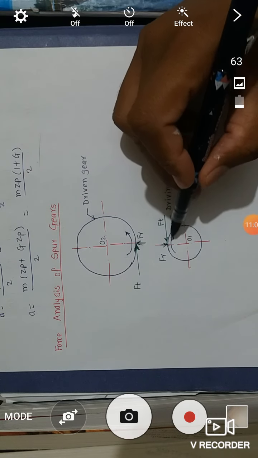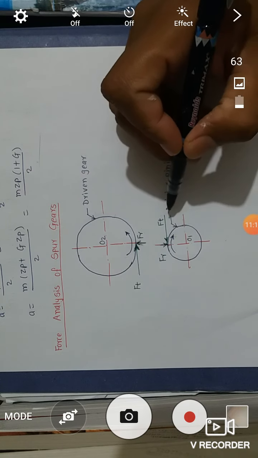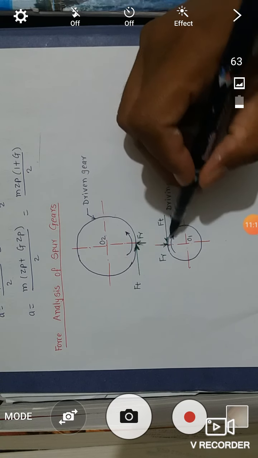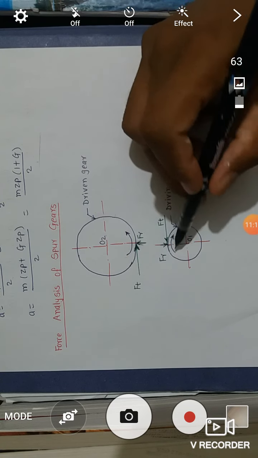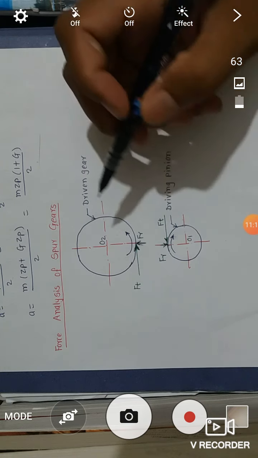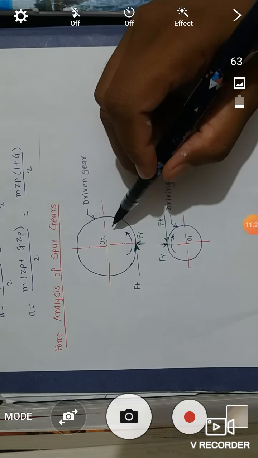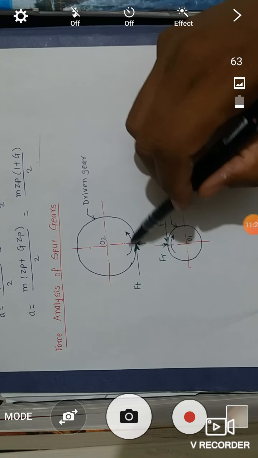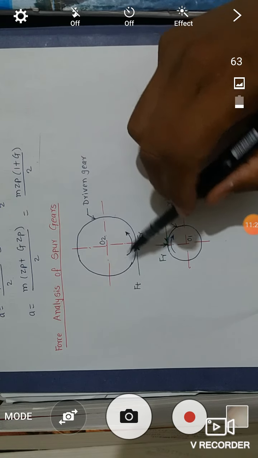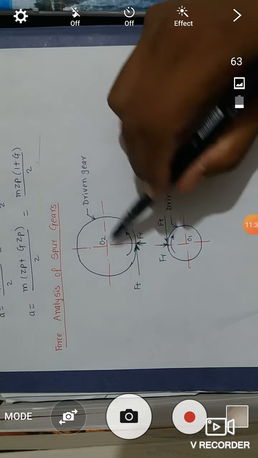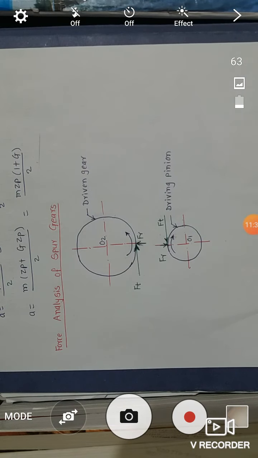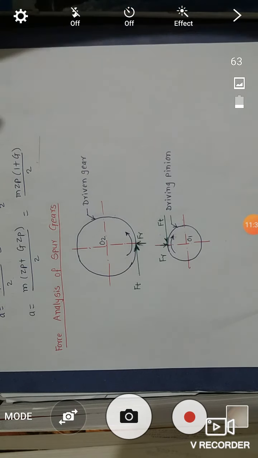So in this case, we act Ft on the left side, so it opposes the direction of rotation. But in case of driven gear, this concept is opposite. If the rotation is in anti-clockwise direction, then the Ft component supports this direction. So these are the directions to decide for forces.